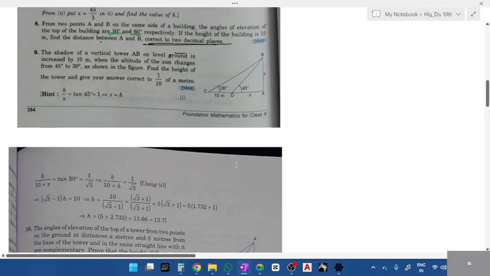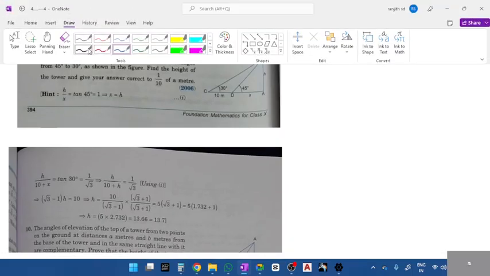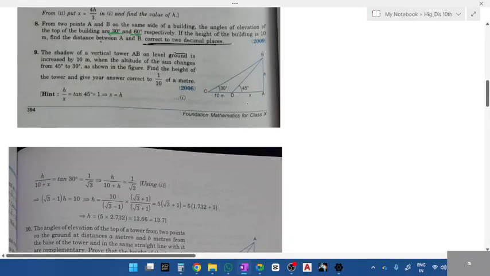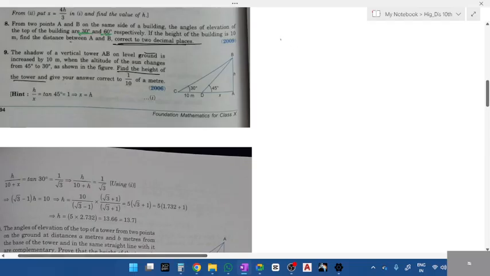Okay, next, 9th question. How many triangles, students? Will you try this question? 9th one, they've already given the diagram. What do we need to find here? Read the question. Find the height of the tower. I'll just write the starting one. Later you all can write it, do it for homework. So how many triangles are there? Take the bigger triangle.